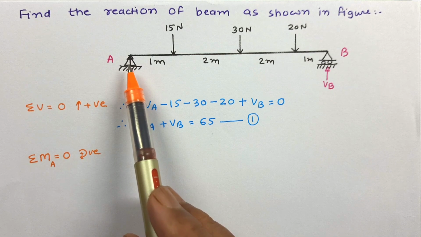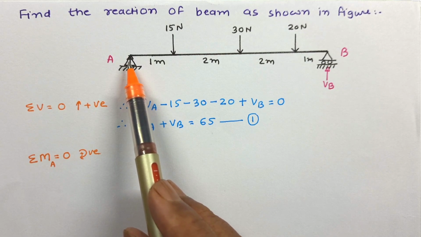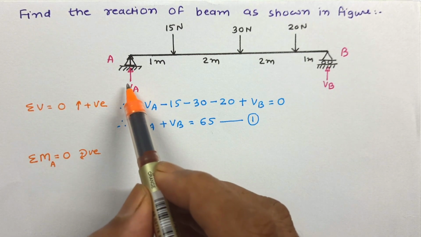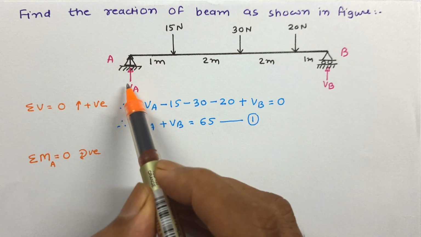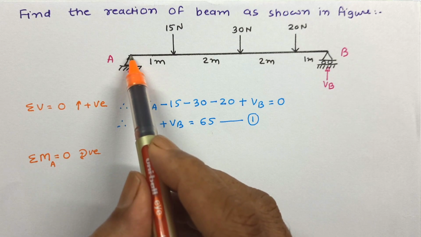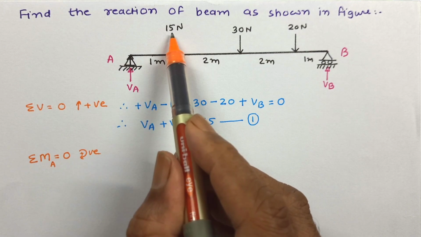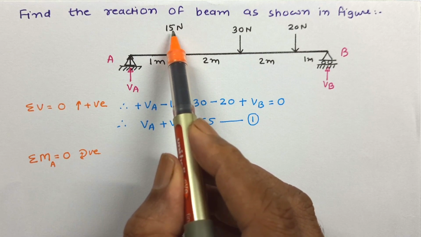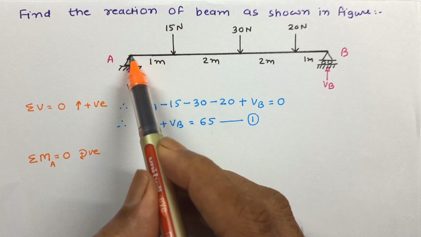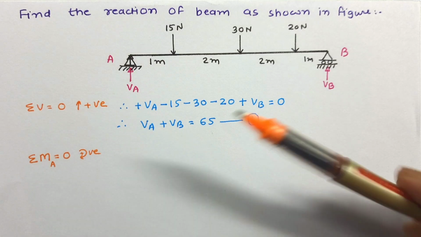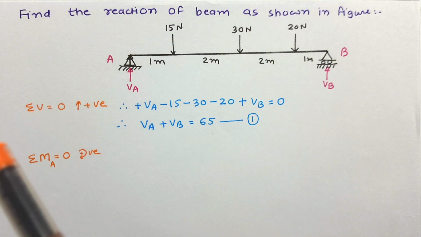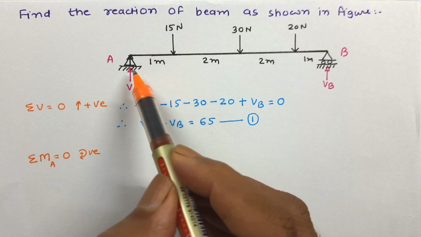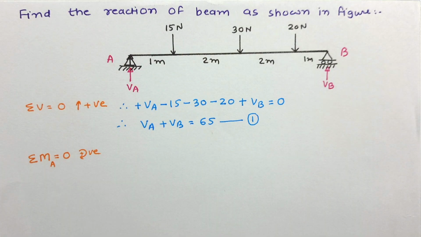Let us start working out the moment of all forces about point A. Here VA is passing through point A, so it will not create any moment, so it will be 0. Let us work out the moment created by 15 kilonewton about point A. This moment will be in the clockwise direction, so it will be taken plus.